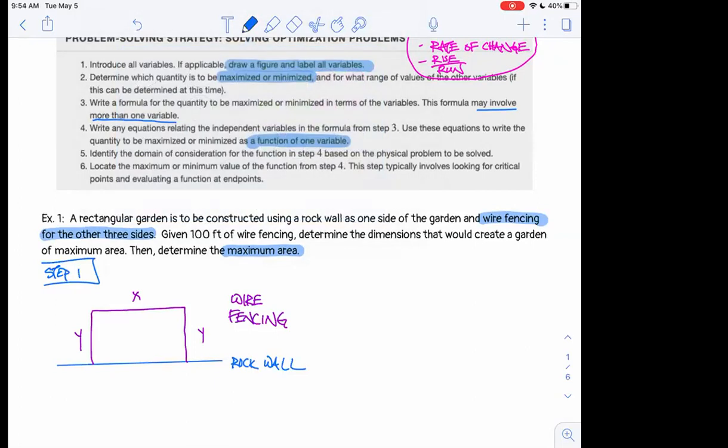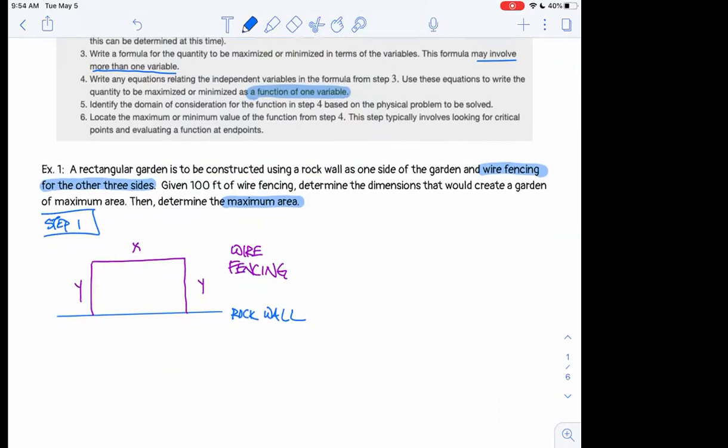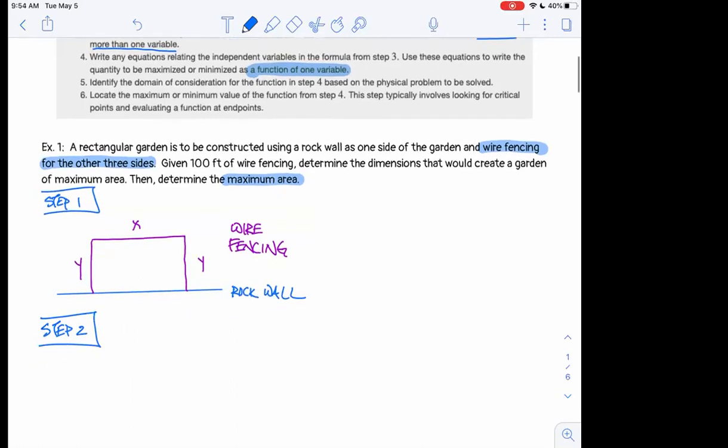Okay, so I've got my diagram. Now what I'm going to do is go ahead and write the equation of what I want to maximize. When I go back to the question, it says determine the dimensions that would create a garden of maximum area.